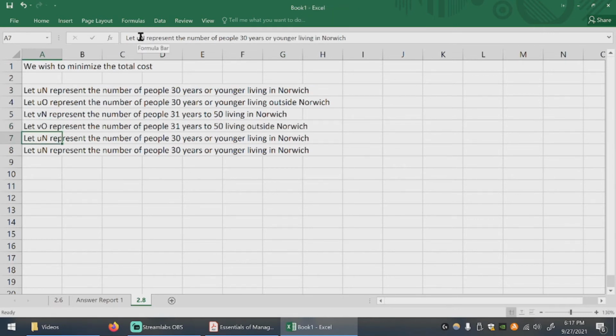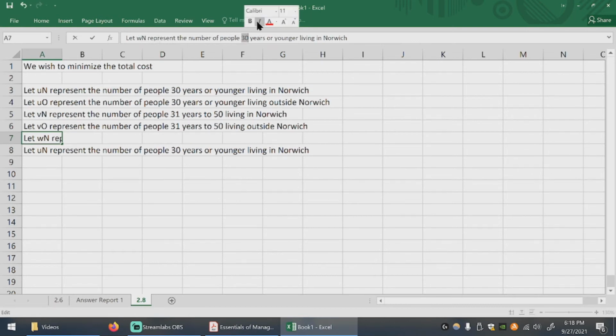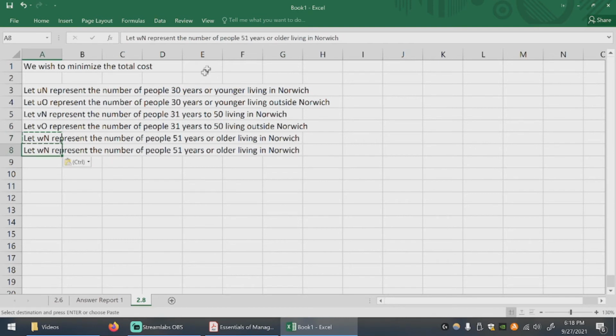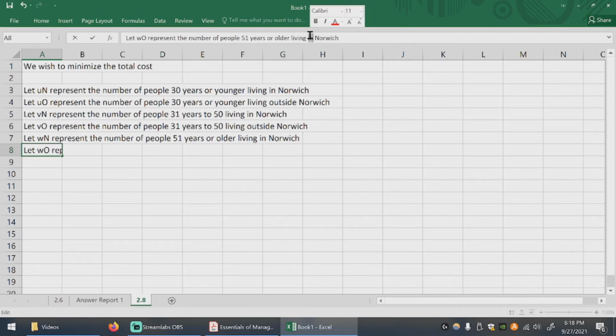I'll call the last age group W. WN, represent the people 51 years or older living in Norwich. Copy that over. Boom, boom. WO, same age group, but outside.